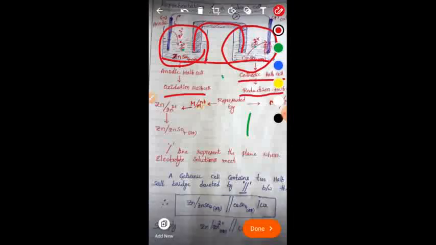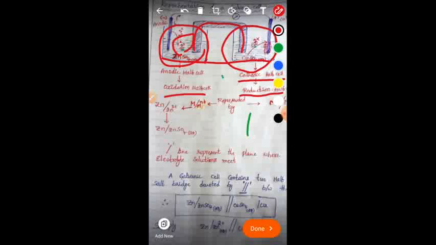Here reduction takes place. Which element is undergoing oxidation? This zinc rod is undergoing oxidation and zinc is converted into Zn2+. Here I have shown that.